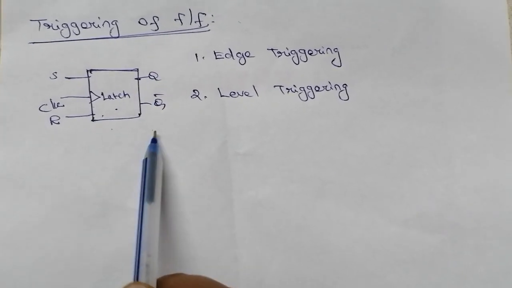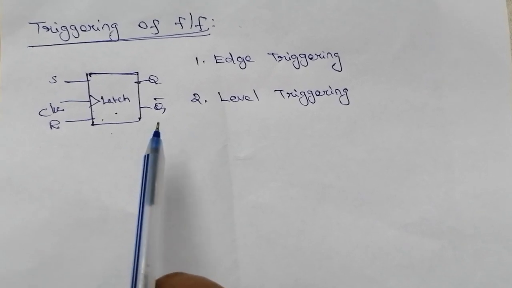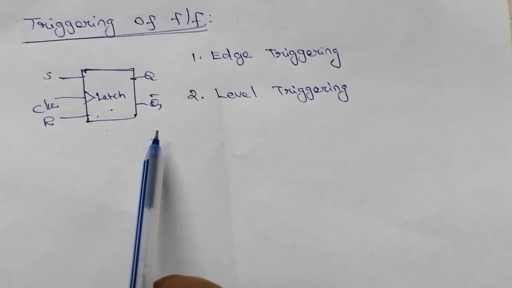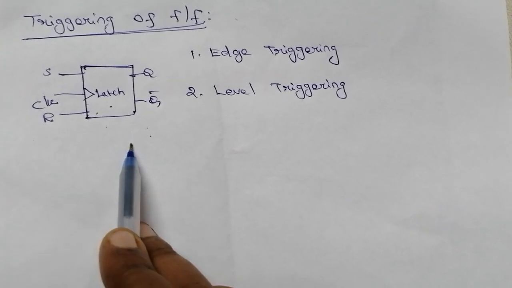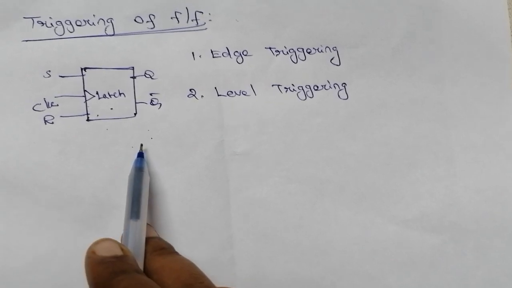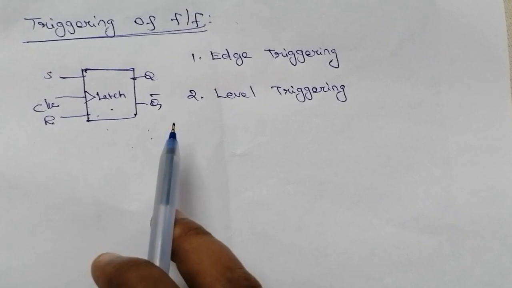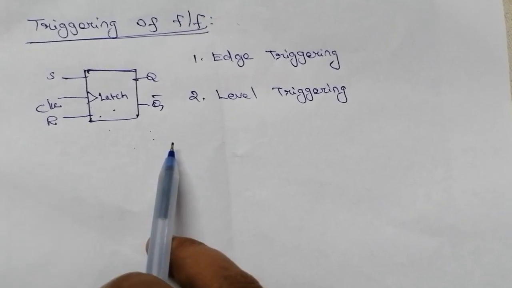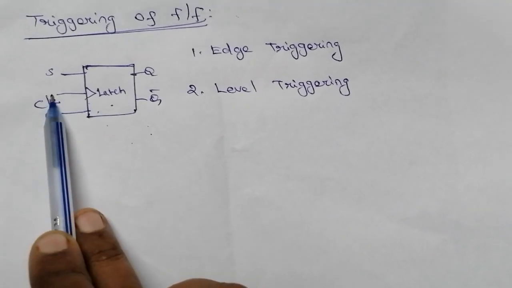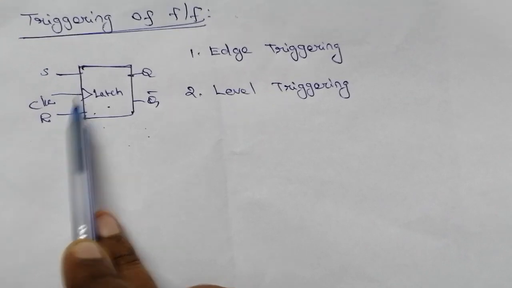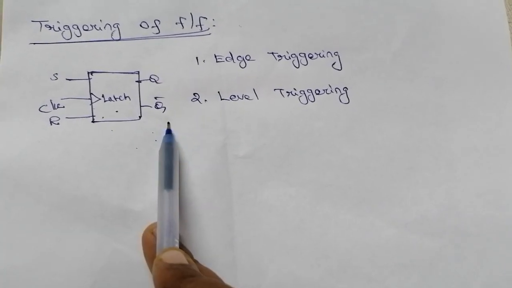Flip-flops are synchronous sequential circuits which change their states only when triggered by a clock input, right? Previously we have seen different types of latches, the NAND SR latch and the NOR SR latch. In a flip-flop, the output state changes only when it is triggered by the clock signal, which means that only when we apply the clock signal is it possible to change the output state.